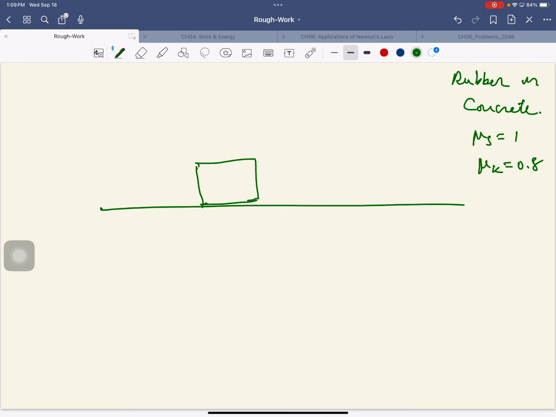So here's a rubber block sitting on concrete. Let's say this thing weighs 100 newtons. And so the normal force is 100 newtons. The maximum static friction force is mu s times Fn, equal to 1 times 100 newtons.